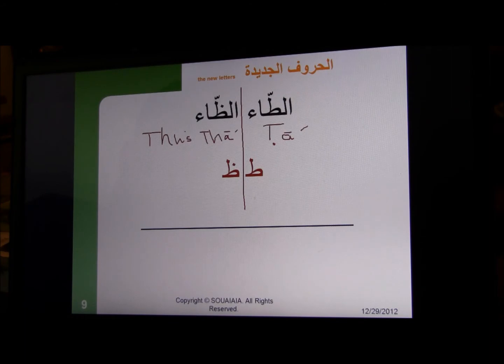In transliteration, it's written with a Z and a dot underneath it, and it's T with a dot underneath it in transliterations. It's almost like the sod we just saw, but you put this line there, and the same thing with the da. So you make just the sod, you don't go below the line, that's one difference.